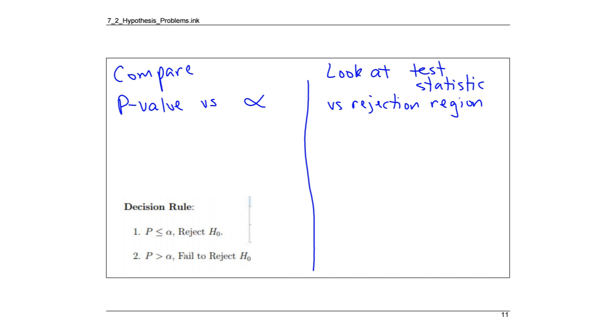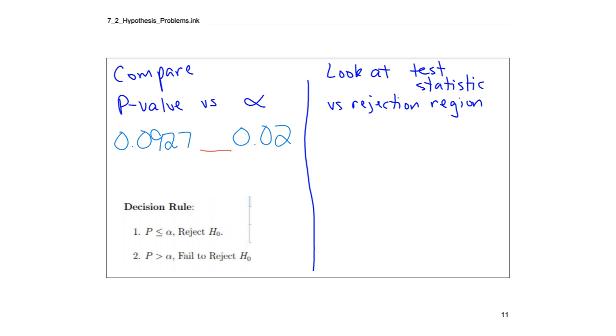Okay, so just to show you that there's two different ways to analyze whether you reject the null or fail to reject, let's do both. Let's first compare the p-value, which we got from StatCrunch, versus the significance level, which was 2%.